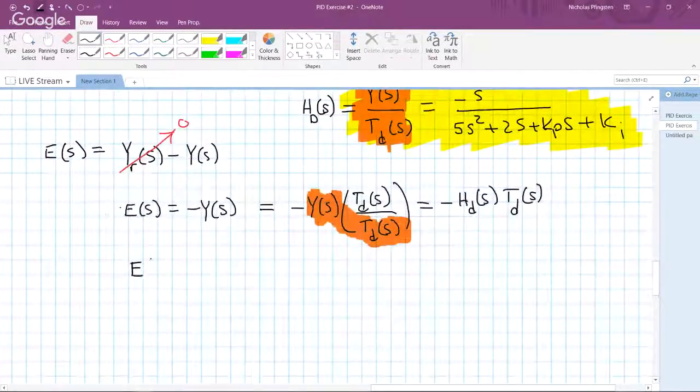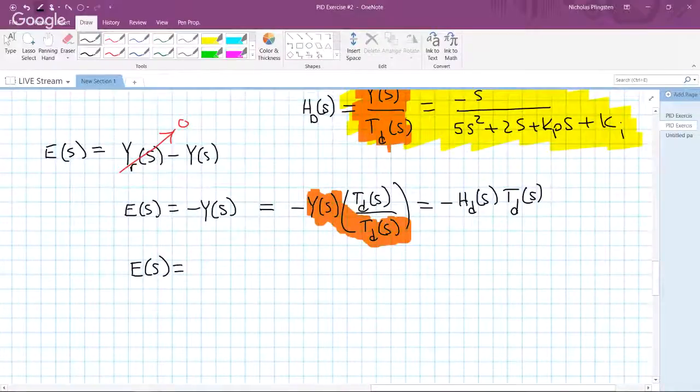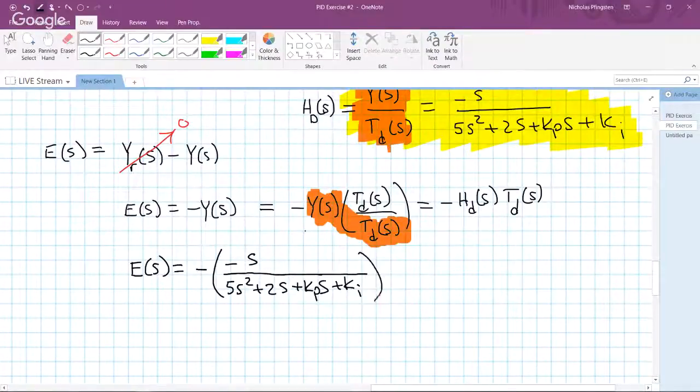So capital E of s will equal negative s over 5s squared plus 2s plus kp of s plus ki, all multiplied by 1 over s. So that is our E of s equation.